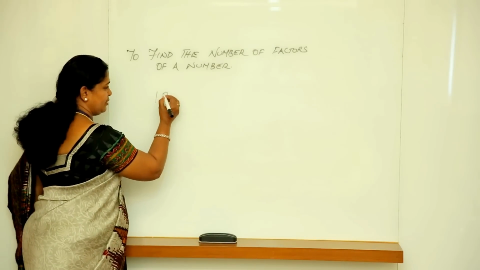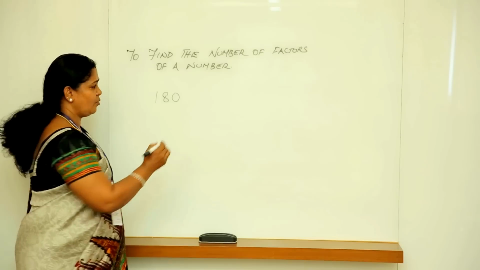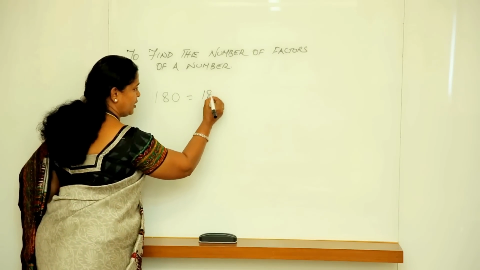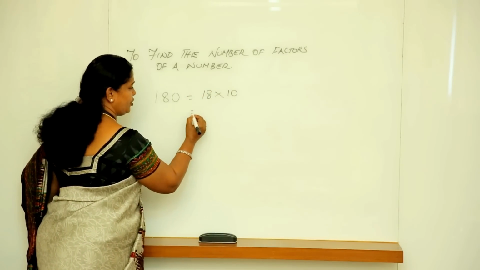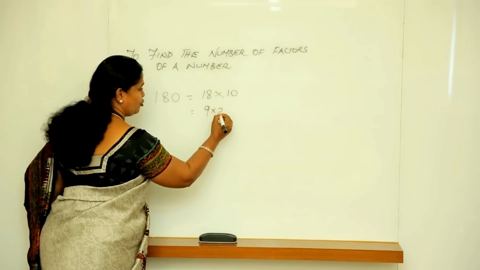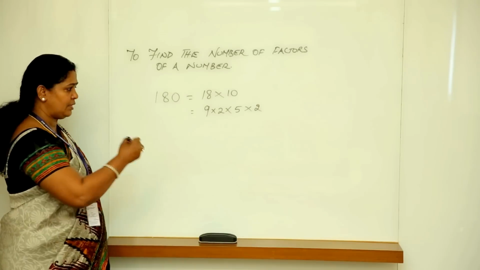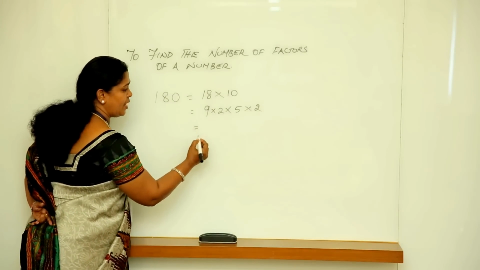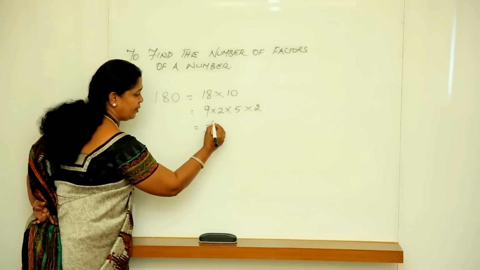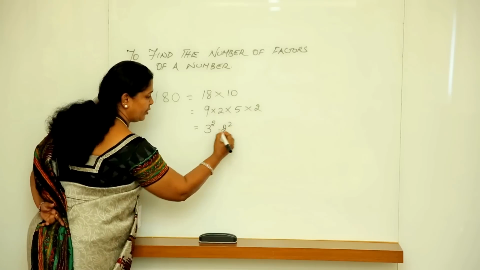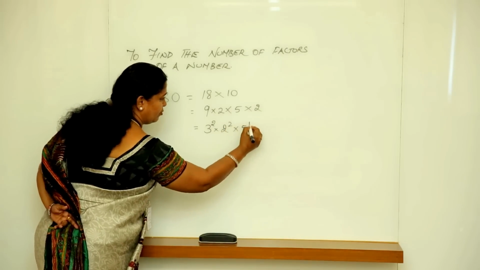Let us consider the number 180. 180 is 18 into 10, which is 9 into 2 into 5 into 2. Now, this is expressed as prime factors: 3 power 2, 2 power 2 into 5 power 1.